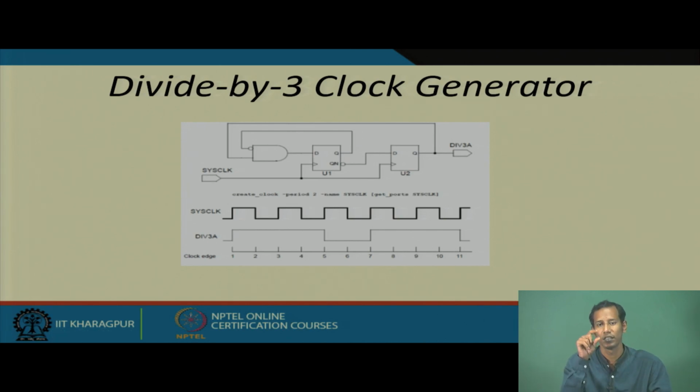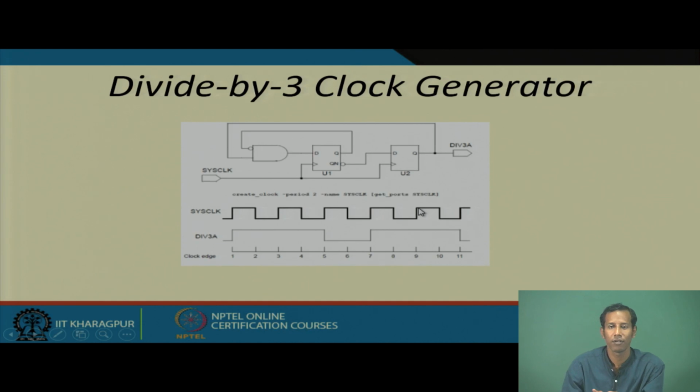Okay. So, there will be this 0, 1, 2. If you develop from the excitation table you draw, and then come down to the logic, it will become the corresponding circuit. For divide by 5, what you have to do? You have to count up to 4, that means 0, 1, 2, 3, 4. So, 4 of these edges will be counted. Whenever it finds that 4 clock cycles have been counted, it will immediately come down to 0.